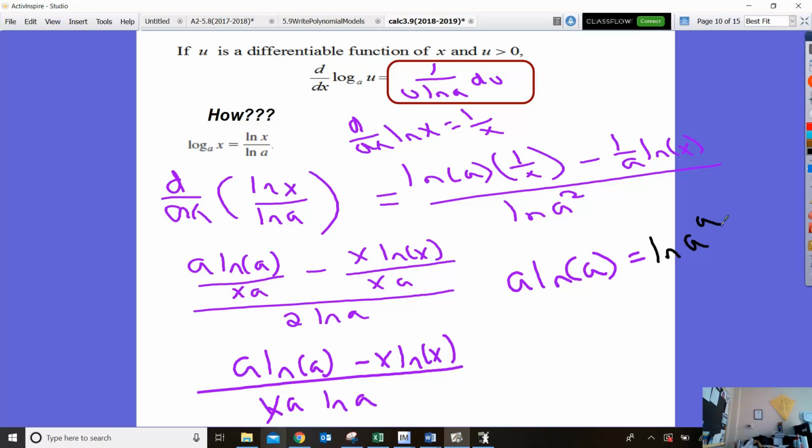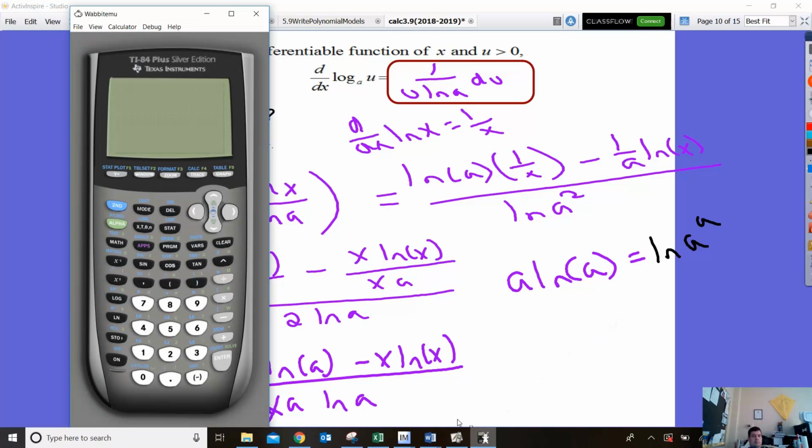You get that? Seems like there's a shortcut there. Natural log of 2. That may not be what I wanted it to be.